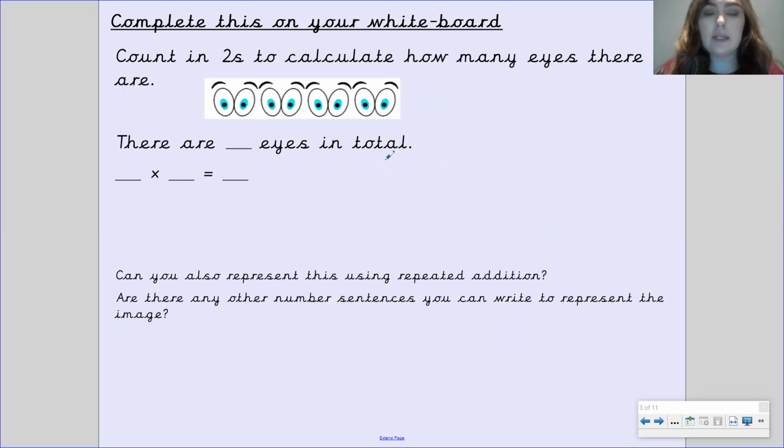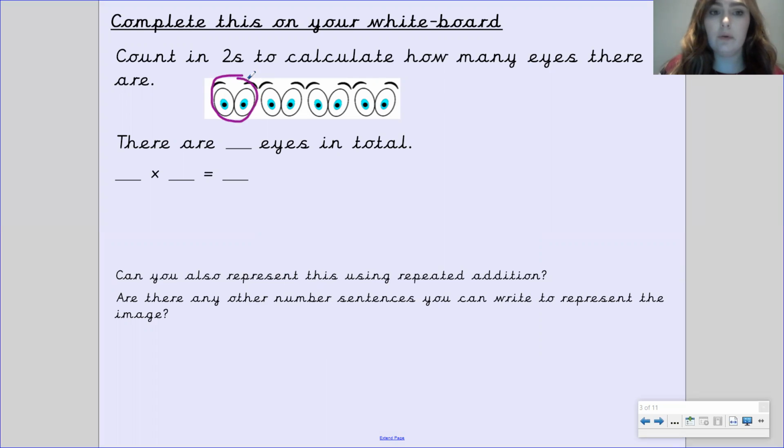Okay, so I want you to get your whiteboard out. It should be in that pack that we gave you before the Christmas holidays. If not, just use a plain piece of paper. It's okay. So our question is, count in twos to calculate how many eyes there are. Now, the easiest way to do that is to put them into groups of 2.